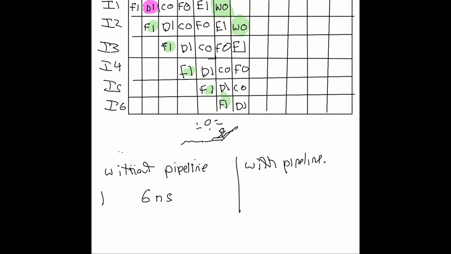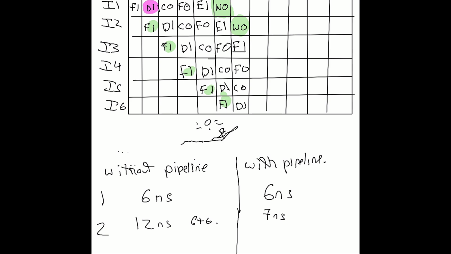With pipeline, one instruction is still going to take 6 nanoseconds. You can't speed that up. However, 2 instructions without pipeline will take 12 nanoseconds, basically 6 plus 6. Here, it's going to take 7 nanoseconds, assuming that each piece of the pipeline takes the same amount of time to run, and there are no problems, which there will be. But again, this is the ideal scenario.